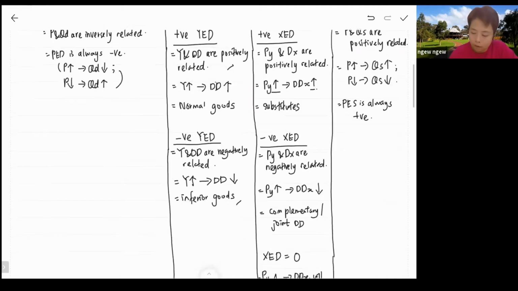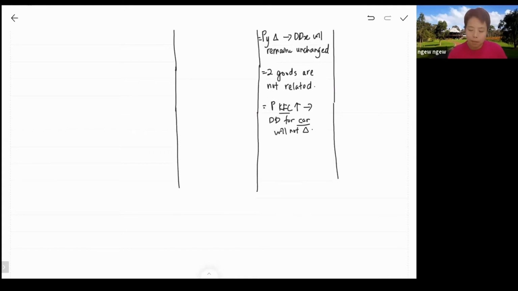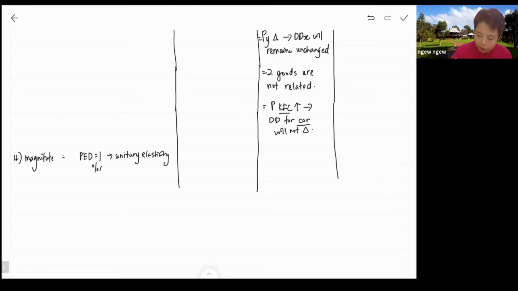Moving forwards, guys, we settled the last part, which is the magnitude part, yeah? In terms of PED, we learned that when PED equals 1, this is unitary elasticity, where percentage change in price is equivalent to percentage change in quantity demanded.